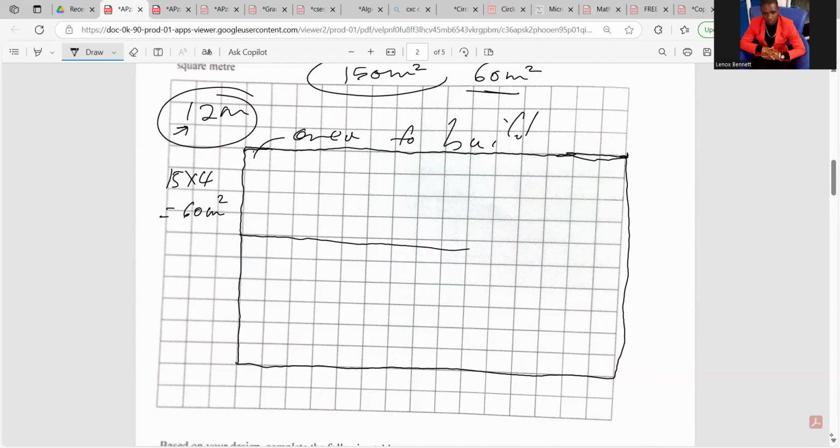Make it easy for us. So I'm going to call this the container classroom. And we know that this is 12 meters.